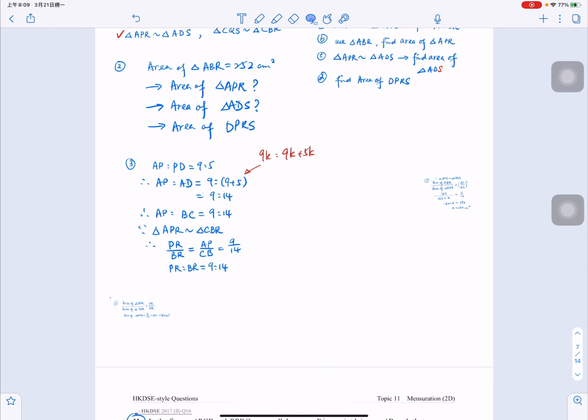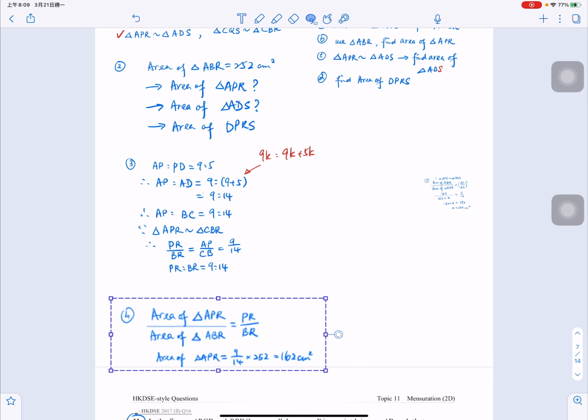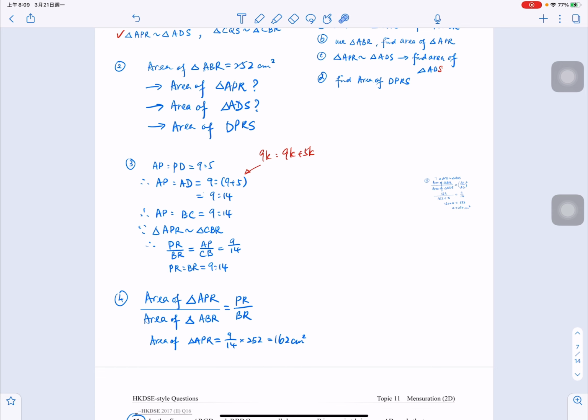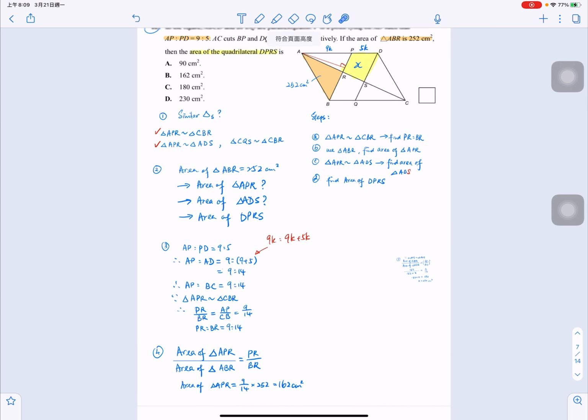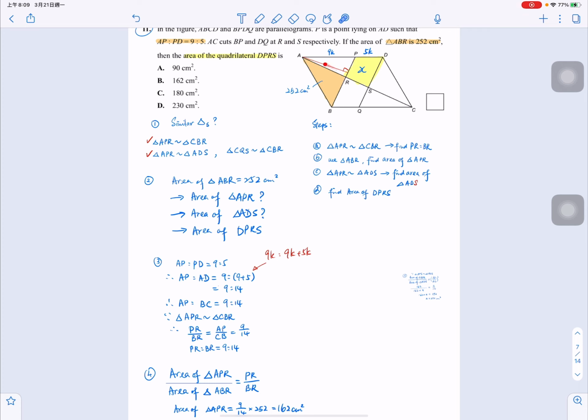So let's see. The area of triangle APR to ABR is actually equal to the length of PR to BR. Remember why? If they have the same height, then area ratio will be the length ratio.